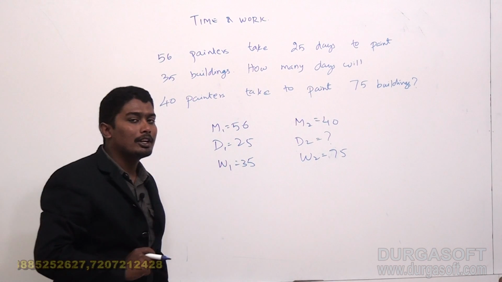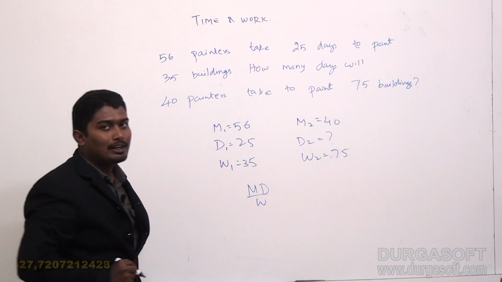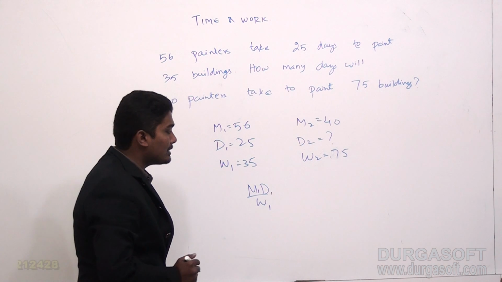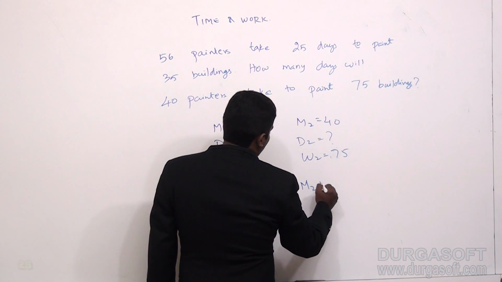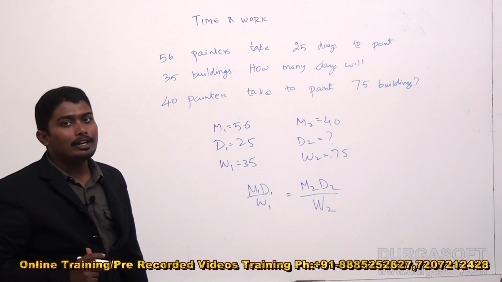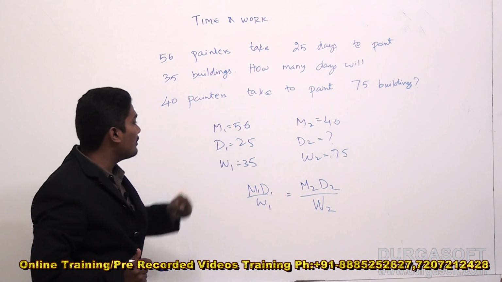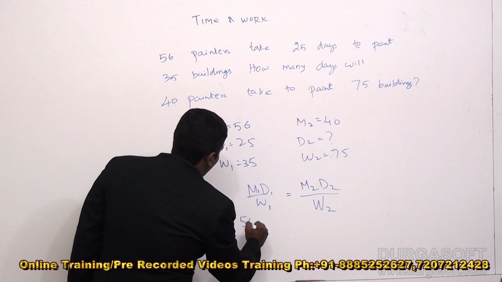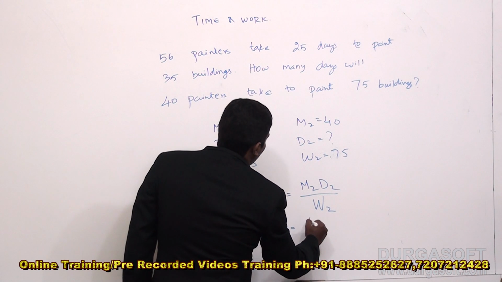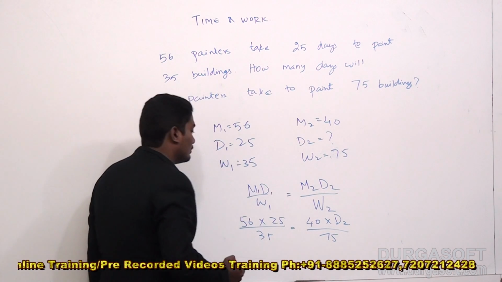When man, days and work are given, man into days divided by work is a constant, or in other words M1 D1 by W1 will be the same as M2 D2 by W2. So 56 into 25 divided by 35 will be the same as 40 into D2 divided by 75.